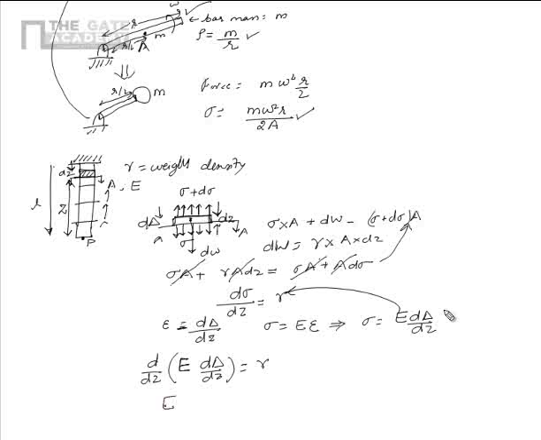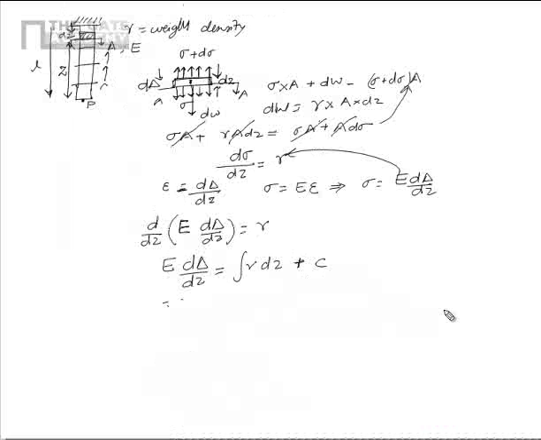So I integrate the equation: E d delta by dz is equal to the integral of gamma dz plus a constant of integration. So I get E d delta by dz is equal to gamma z plus c.